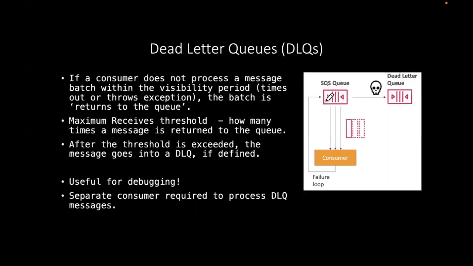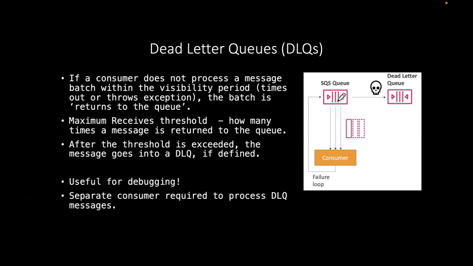And again, just to remind you, the consumer polls the SQS servers for messages. It gets a batch of messages. That batch of messages are left in the queue, but their visibility timer is started. And the consumer has to complete the processing of that batch and also explicitly request the deletion of that batch.